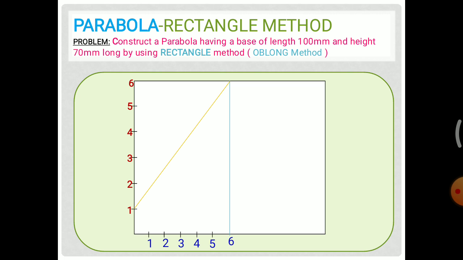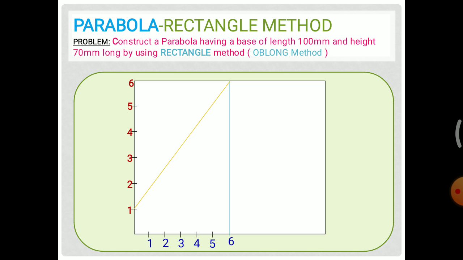Then, after dividing the vertical and base into the same number of equal parts, join the vertical points 1 2 3 4 5 6 to the top center of the rectangle. So we are joining all the vertical points, that is the height points, to the top center of the rectangle.